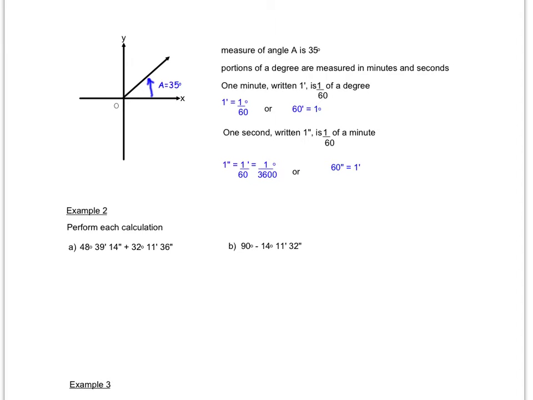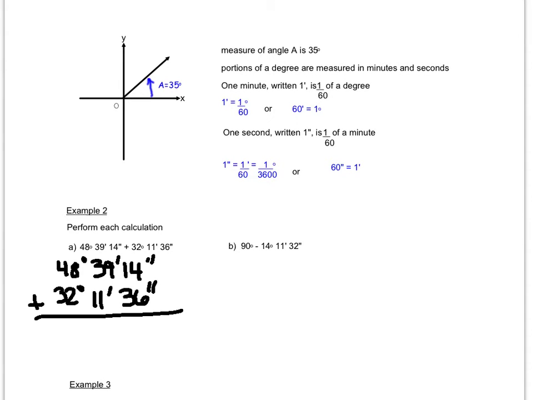In example 2, we want to add these two angle measures. So we're going to line them up vertically. So we have 48 degrees, 39 minutes, and 14 seconds, and we're going to add 32 degrees, 11 minutes, and 36 seconds to that. And we just add vertically. So 14 plus 36 gives us 50 seconds.